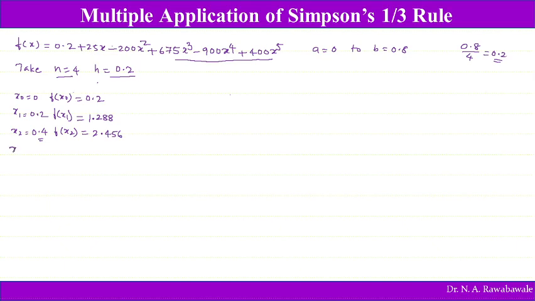Then x3 is equal to plus 0.2, meaning 0.6, and f of x3 we get as 3.464. Then x4 is equal to 0.8. Therefore f of x4 becomes 0.232.